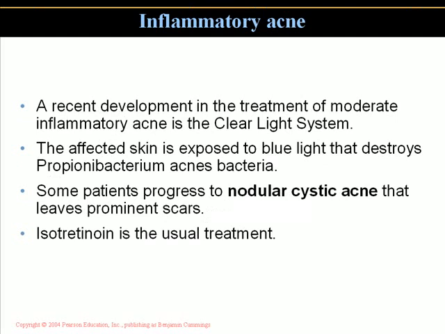A recent development of newer treatments in moderate inflammatory acne is the Clear Light system. This is the use of laser treatment or the application of light at a particular wavelength that can clear the microorganisms that cause acne.